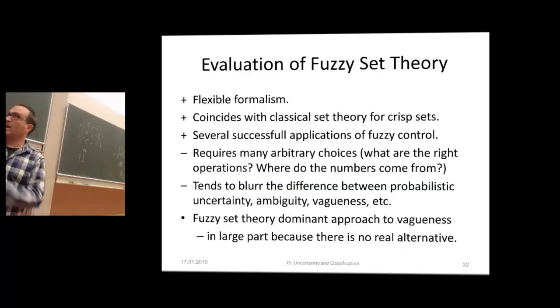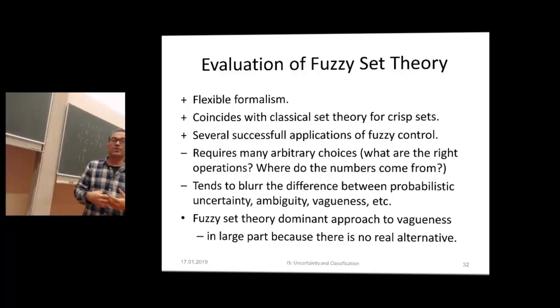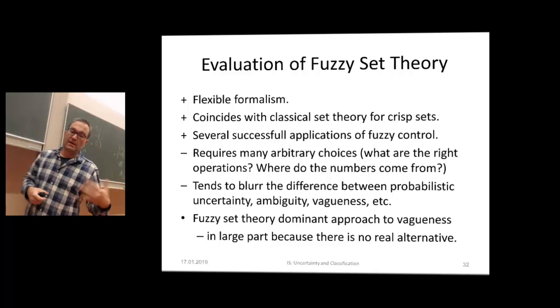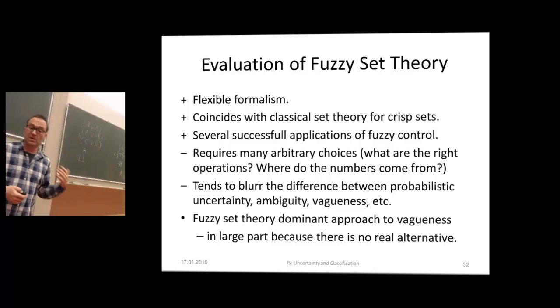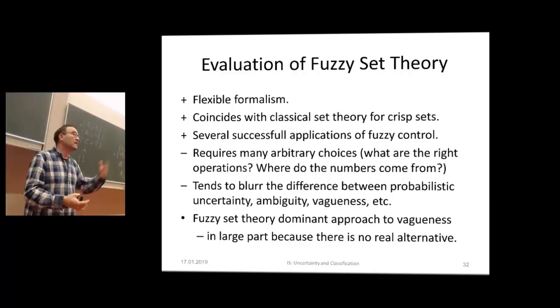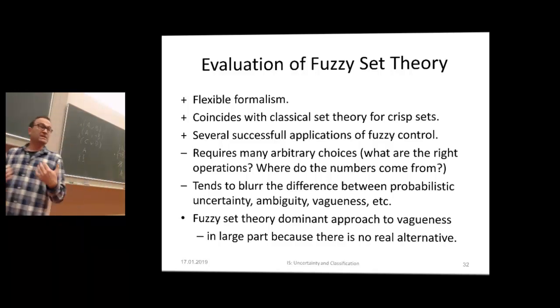Before we have a break, let me summarize the properties of fuzzy set theory. It's very flexible. It has a very nice theory that coincides with the standard set theory if you take the extreme cases. And it's been really successful in many practical applications.